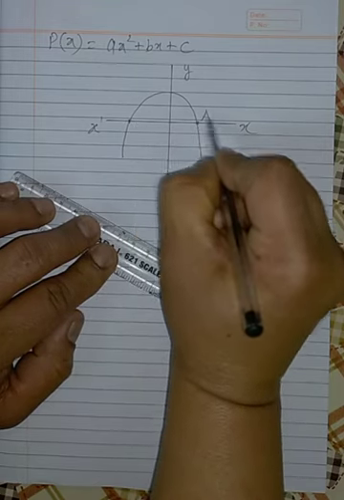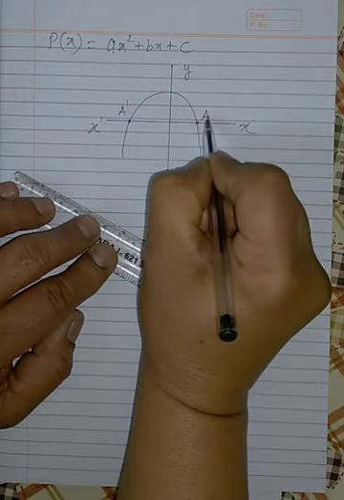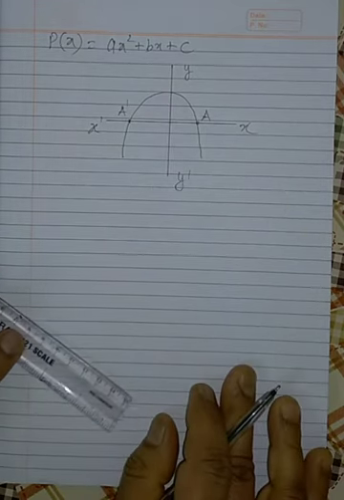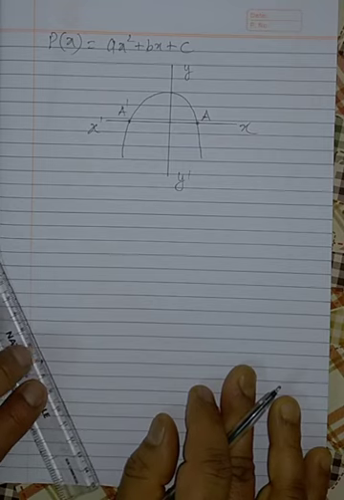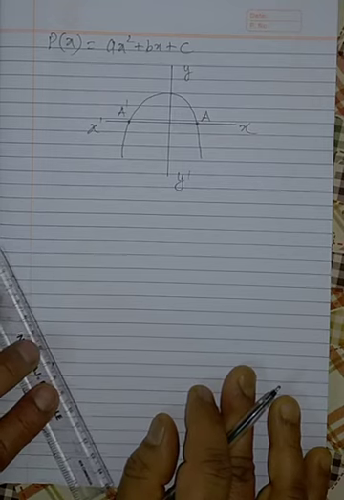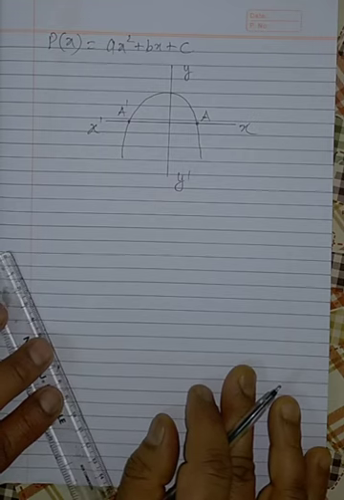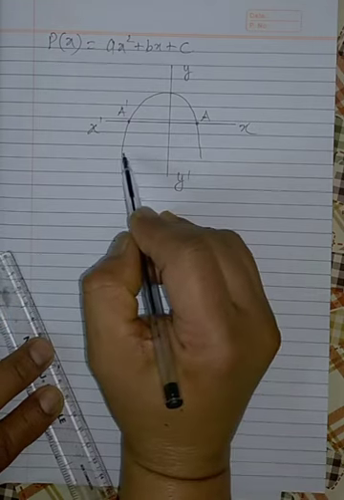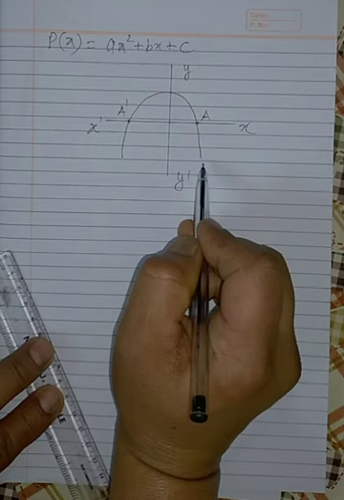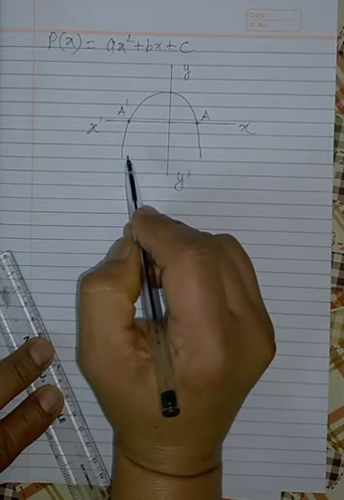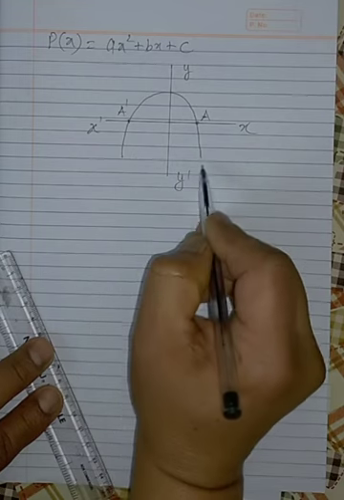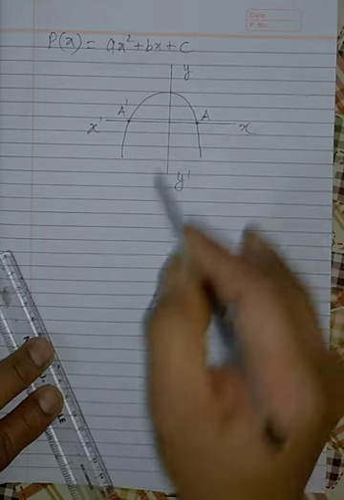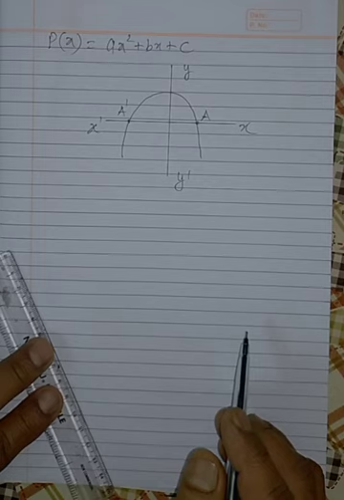So here also A and A dash are the two distinct zeros of the given quadratic polynomial. That means the shape of the curve obtained on the graph can be a parabola. It will be a parabola, but it can be like this or it can be like this.